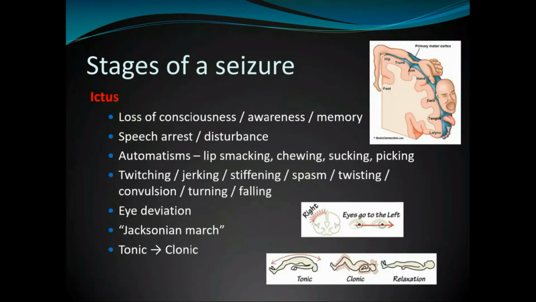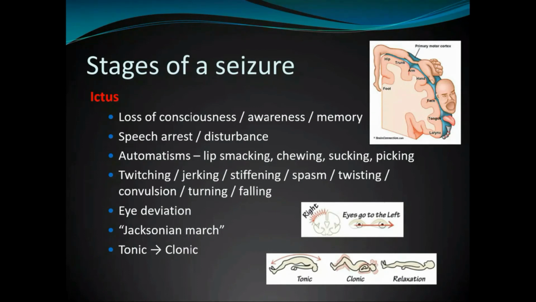Then there's the ictus, meaning the actual seizure event. If it is a focal seizure, you may experience any of what we were just talking about there. However, the seizure can progress to involve loss of consciousness or awareness, loss of speech. There may be some automatic movements, and then there may be motor features with the seizure.